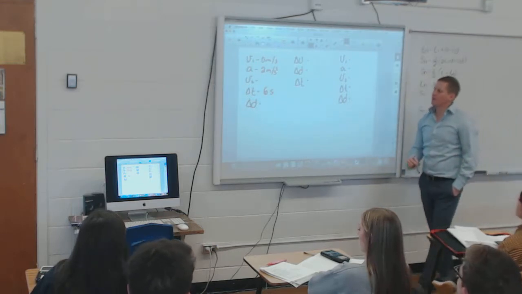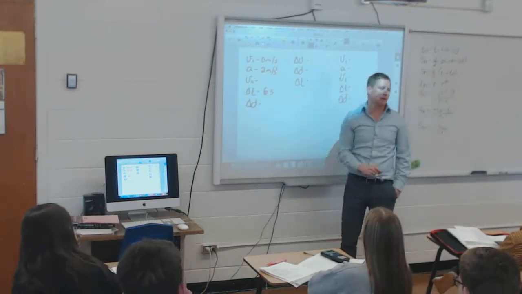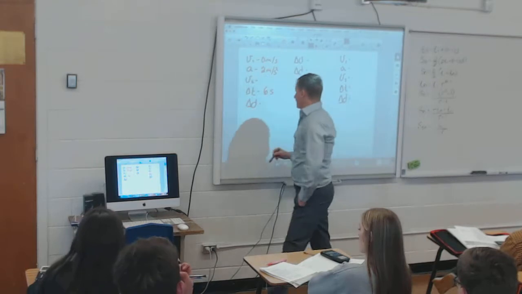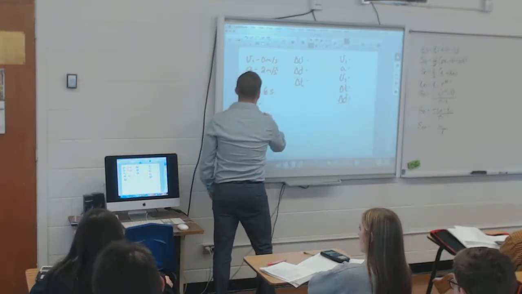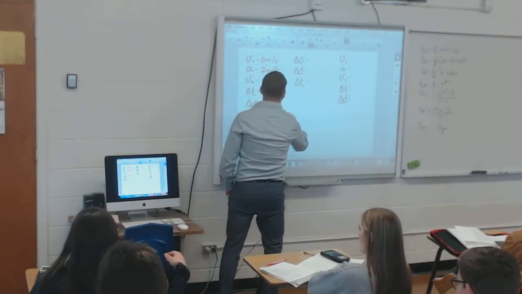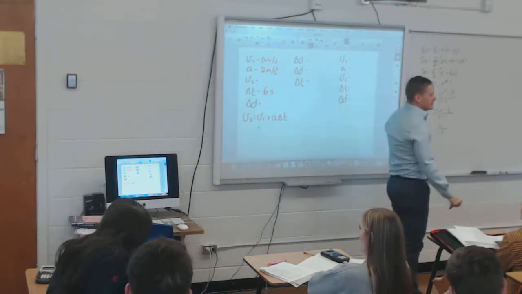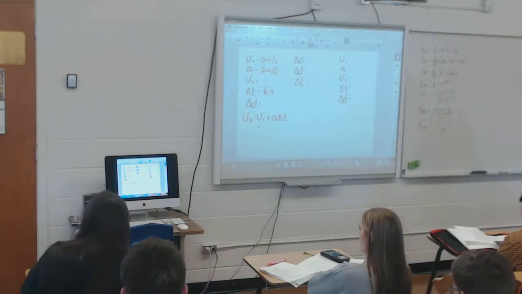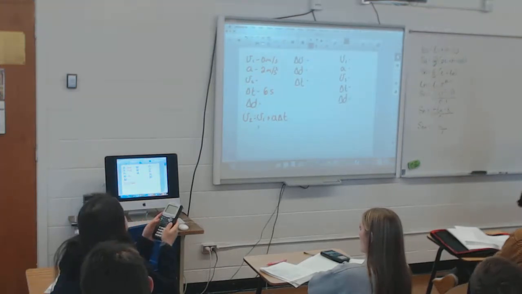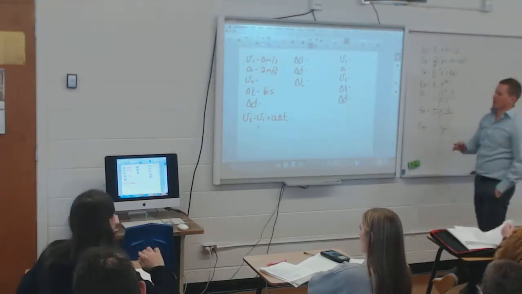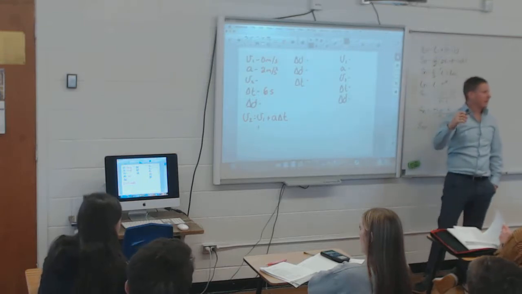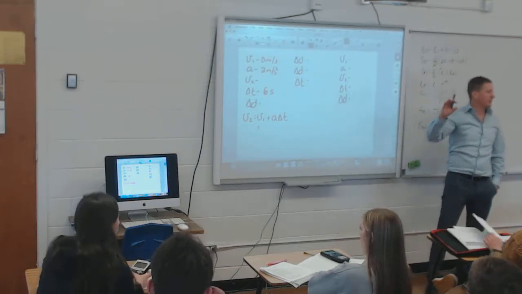So the first thing I want to do is find out what my secondary speed is. To find my secondary speed, I use V2 equals V1 plus A delta T. Okay, I'll leave this up here. I prefer you not write as we go, because you're not really listening then. I'll leave it on the board for you to copy after if you need it.